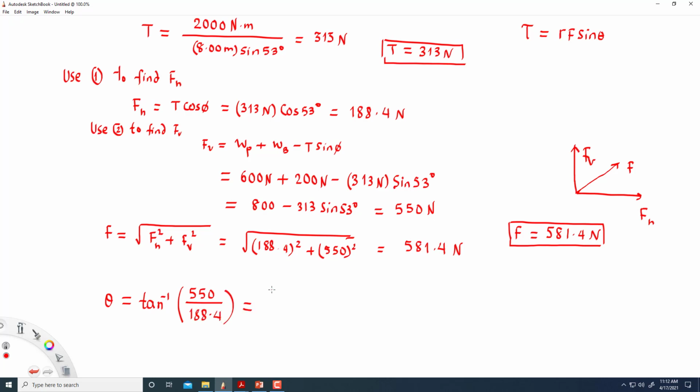So let's find what that is. Tan inverse of 550 over 188.4 gives me 71.09 degrees, or just say theta is equal to 71 degrees.